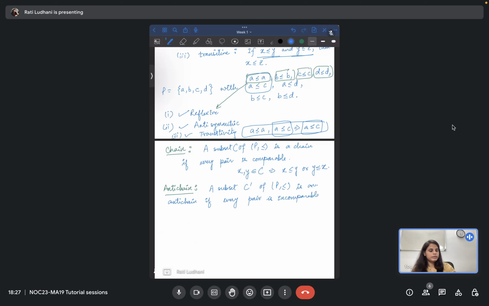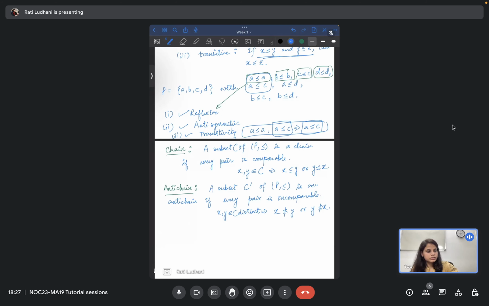That means if you have distinct x and y belonging to C', then neither is related to the other. Although we don't use this notation, it is incomparable.